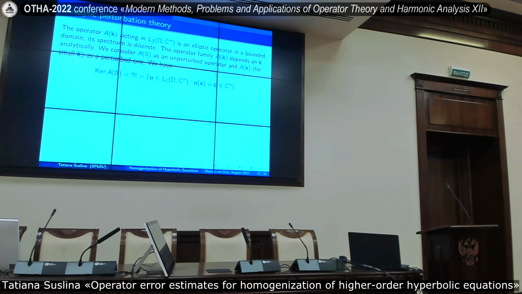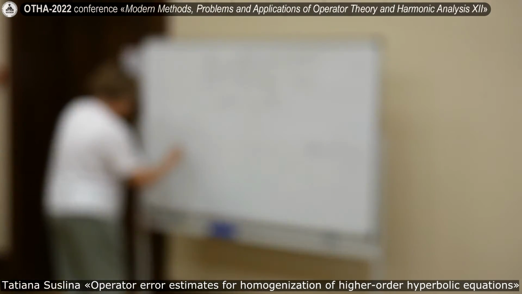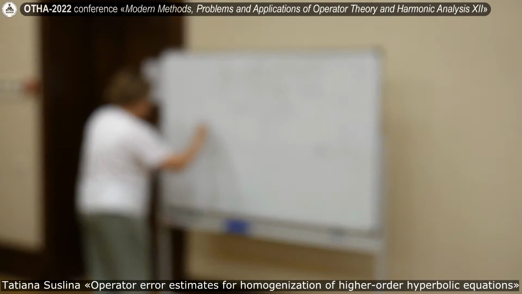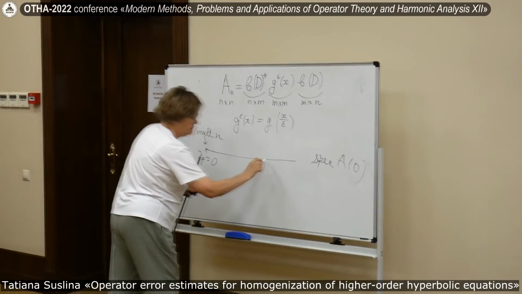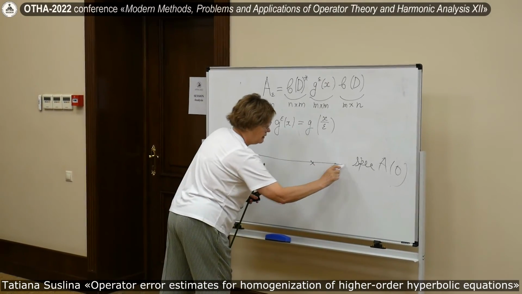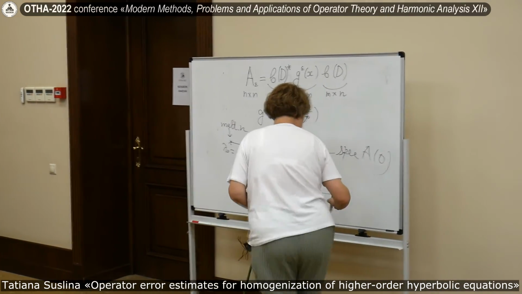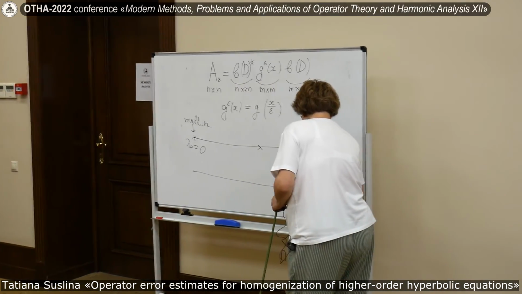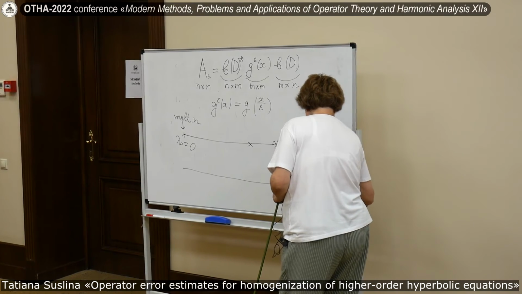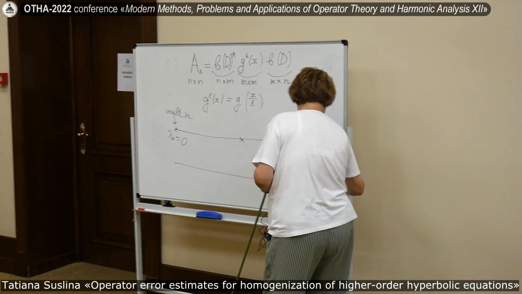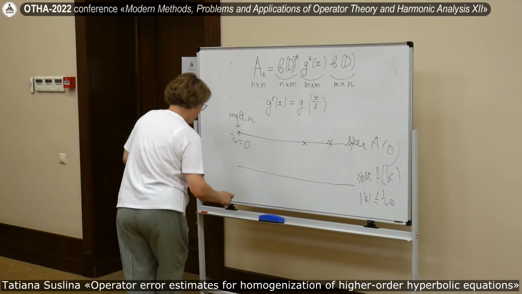The spectrum of the unperturbed operator looks like this. The point 0 is an eigenvalue of multiplicity n. Then we have other eigenvalues, starting from lambda not equal to 0. Then, for sufficiently small k, the modulus of k less or equal than some t naught, the spectrum of A of k looks like this.